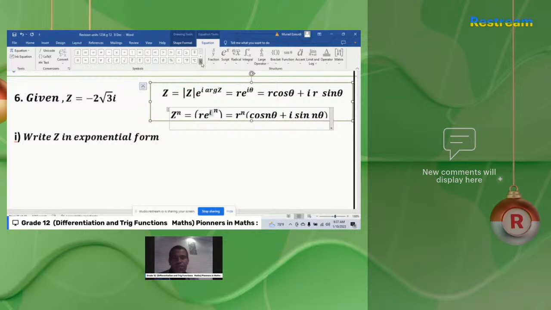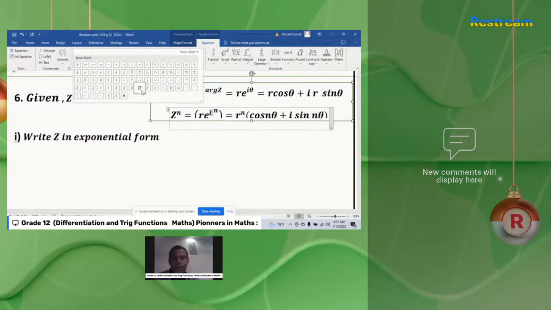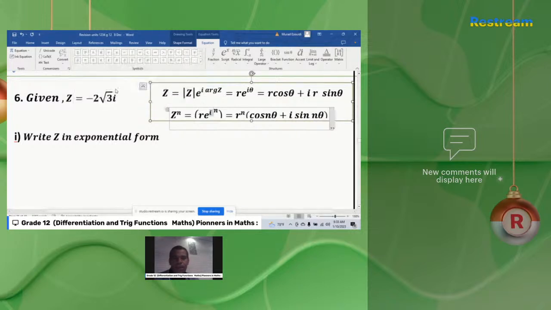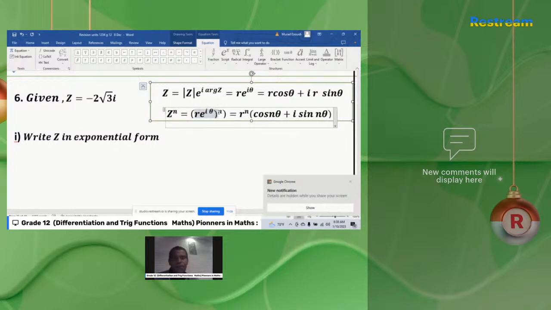What is theta? This one. All to the power what, learners? All to the power n.